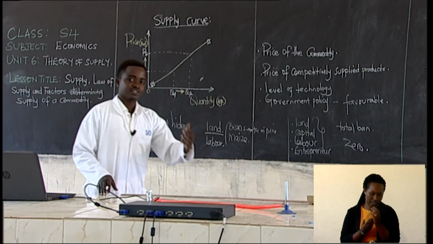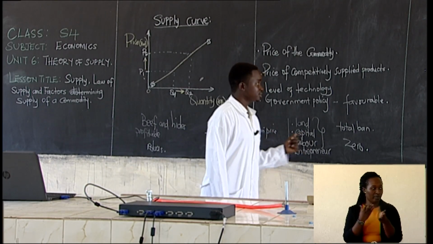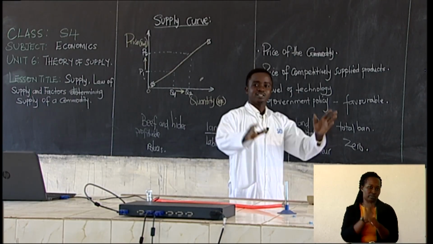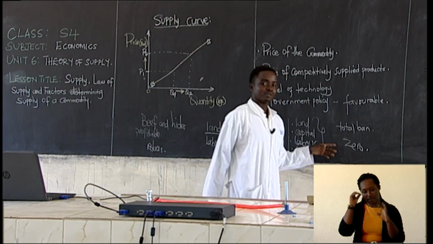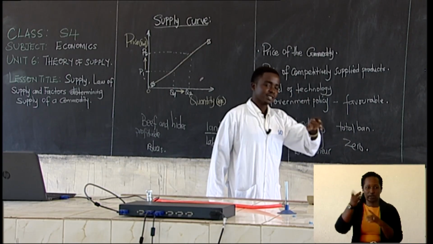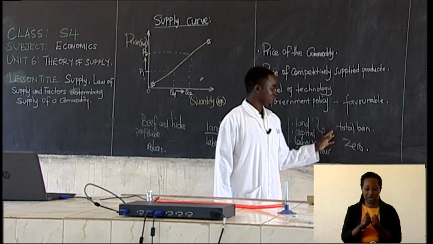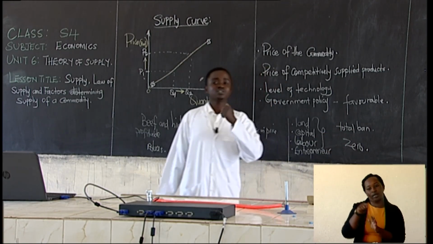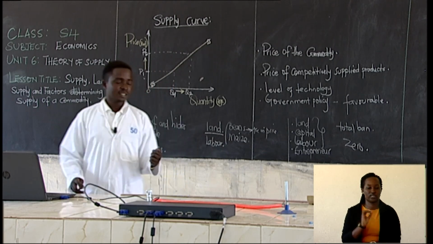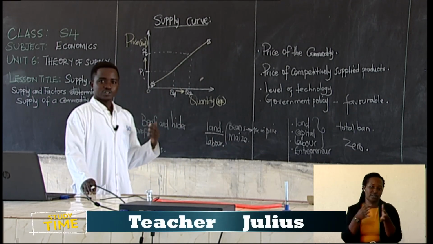If there is subsidization, if government policies are favorable, like reduced taxation, maybe the government provides free land for production of a given commodity, that will increase its supply. But if the government policies are unfavorable, for example, it imposes a total ban on the supply of a given commodity, its supply reduces to zero. So that's how government policy determines quantity supplied.